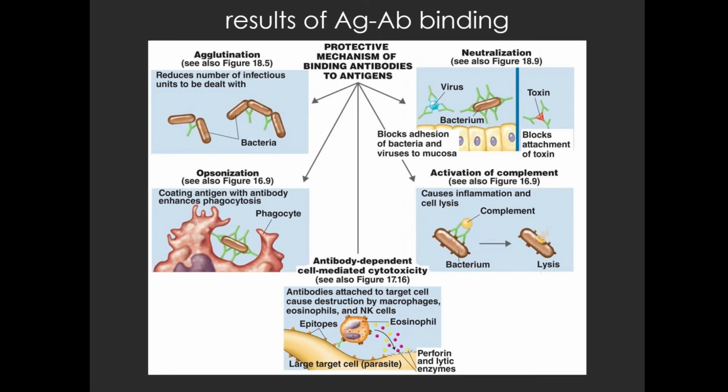So you see here in these 5 results of antigen-antibody binding, the fact that sometimes just that work of antibody binding antigen is enough, which is where we see agglutination and neutralization. And then you see opsonization and activation of complement, where antibody-antigen interaction is enhancing an innate defense.